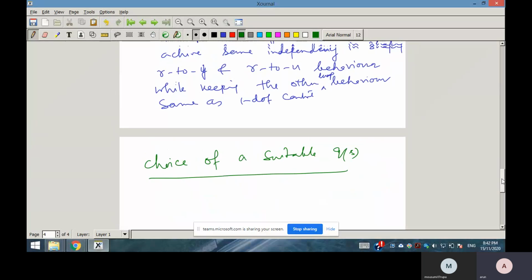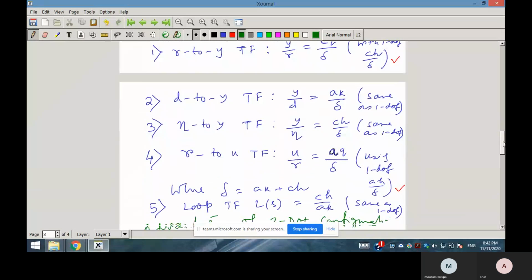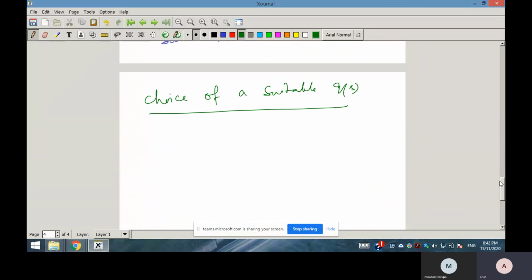So in practice, how will you choose the QS? Instead of writing choice of QS, I will write directly design steps or design procedure, because the choice of QS is a major step there.